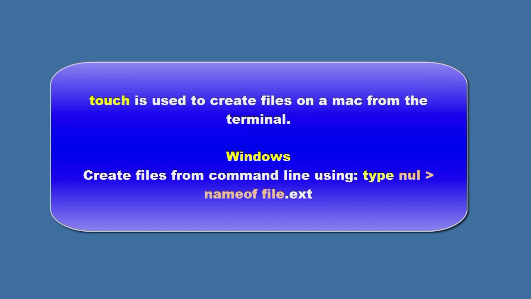If you want to create a file in command line via Windows, you type in type space null NUL and then a right angle bracket followed by the name of the file. In this example, we'll be doing things manually. So now that I've created this directory, I'm going to open it up in my text editor and then create the files from there.